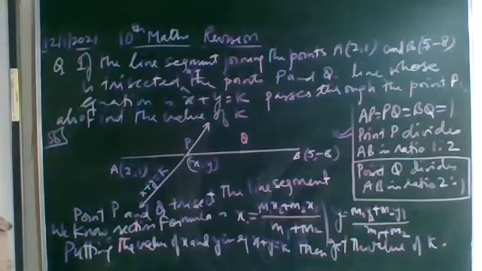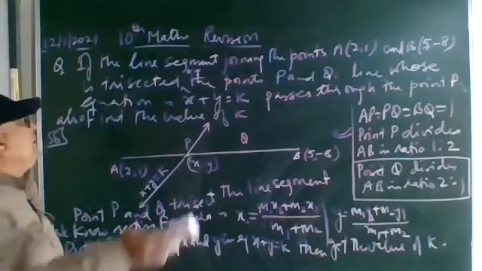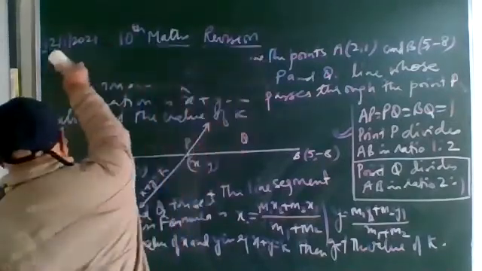Bisect means midpoint of the line segment, and the coordinates of the midpoint you can find by the formula (x1 plus x2) by 2 and (y1 plus y2) by 2.